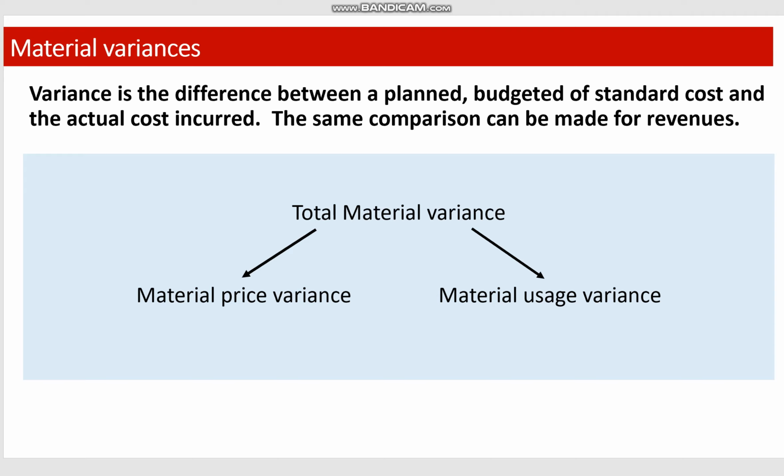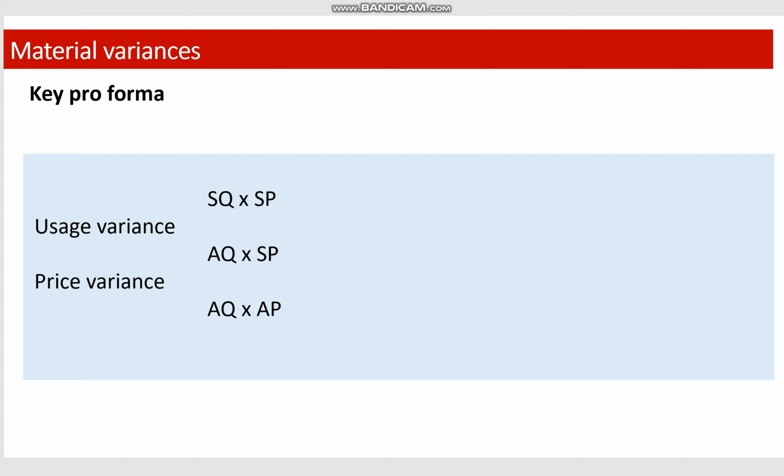Okay. Now here is the key pro forma for the material variances, which is divided into 3 lines. Line number 1 is standard quantity times standard price. Then last line is actual quantity times actual price. So first of all, we have standards in the form of SQ, SP.